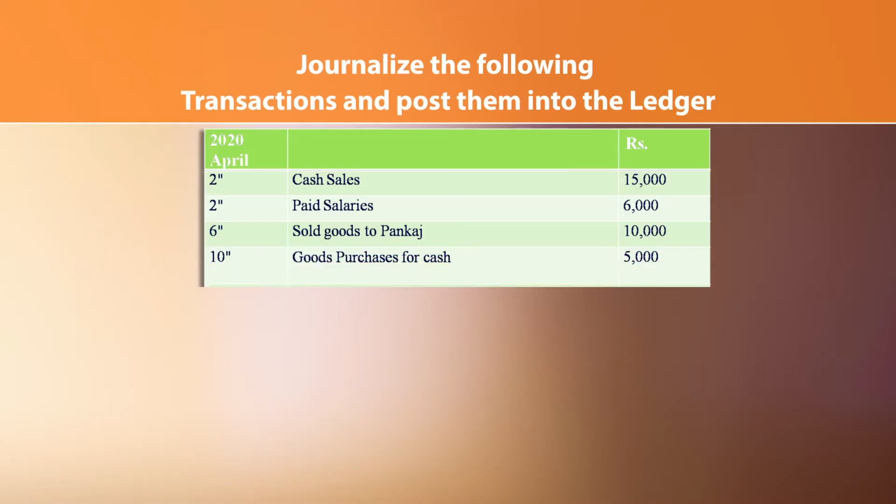Then the fourth one is cash purchases. We have made purchases of 5,000 rupees. So here two accounts are going to be affected. First one is cash account and then the second one is purchases account.